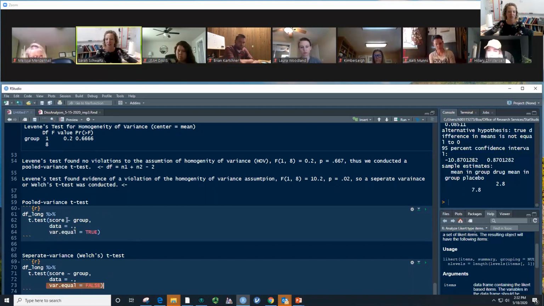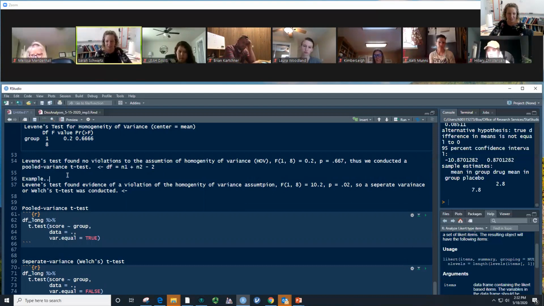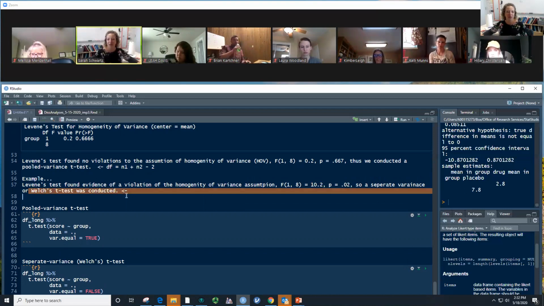And how do we decide which one? It's based on this p-value. This is an example, not what actually happened in this case. But if it had come out like this with a small p-value, then we would want to go use Welch's.